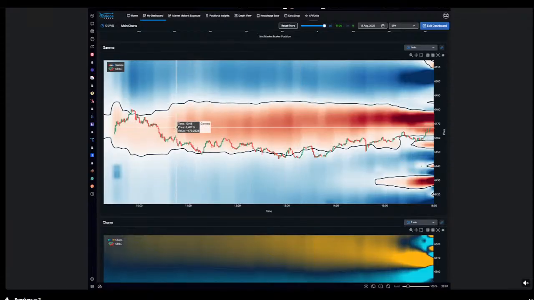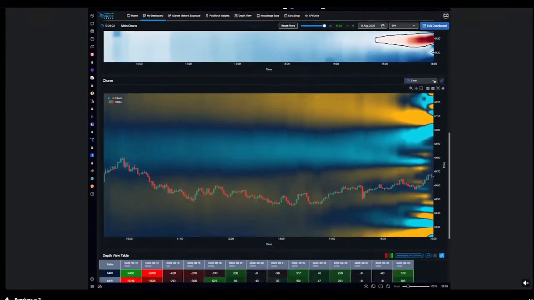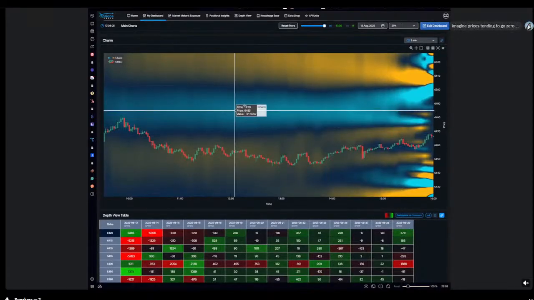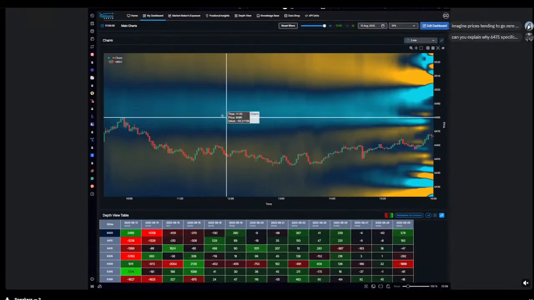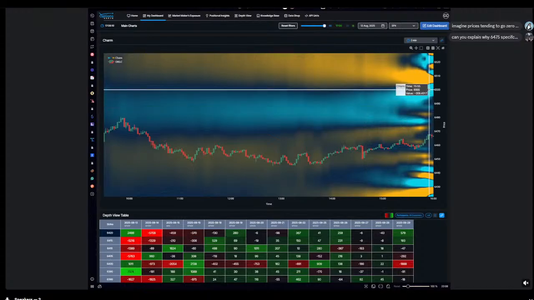Because we would have been in negative gamma, which would have just pushed us into the flip zone at like 85. And then all of this supportive gamma, which is basically just slow grind, very boring, trap upwards. But we would have also had supportive charm, okay, which would have just dragged us up into this 6,500 strike.